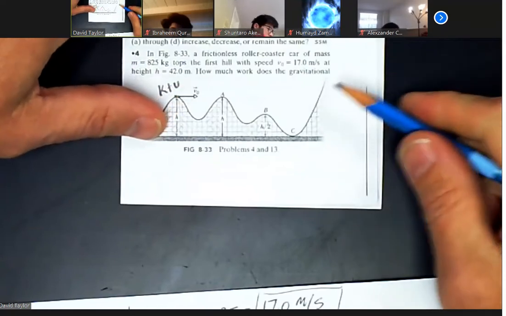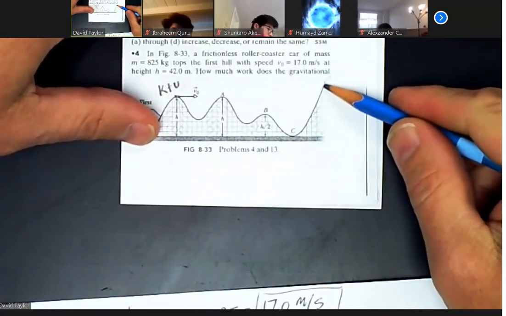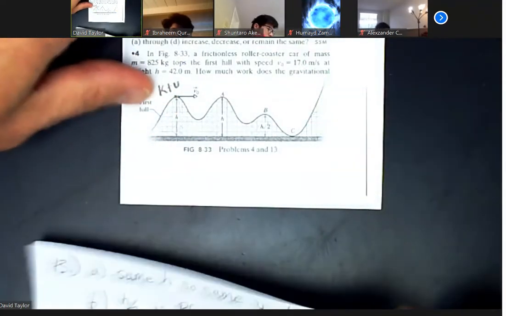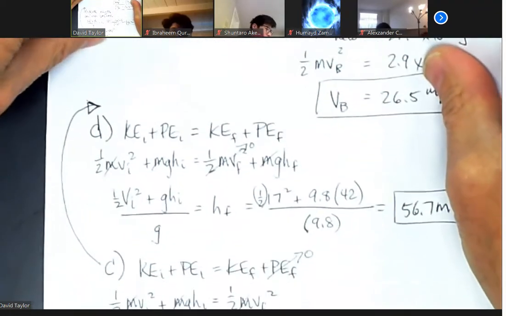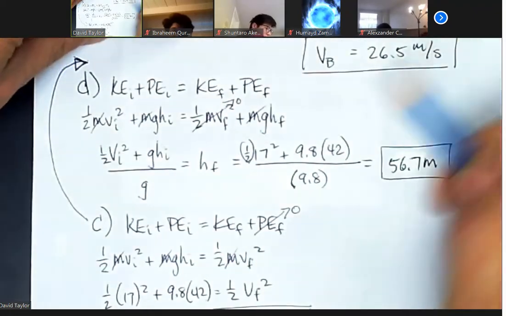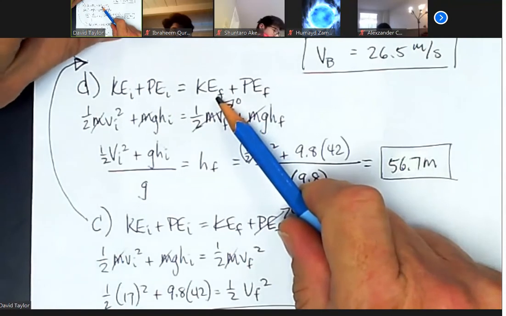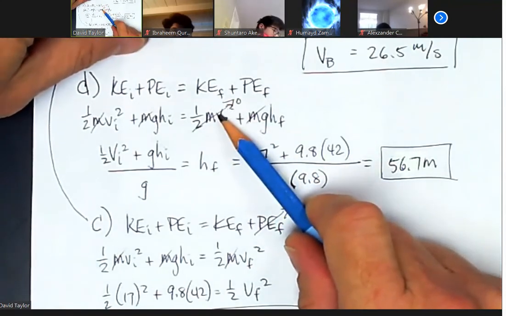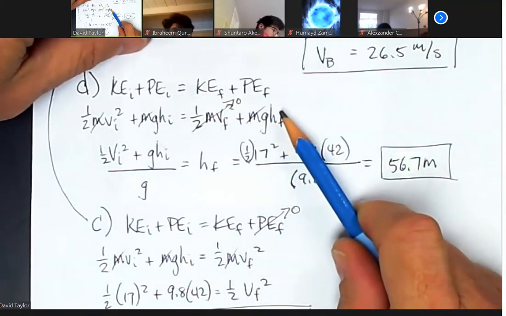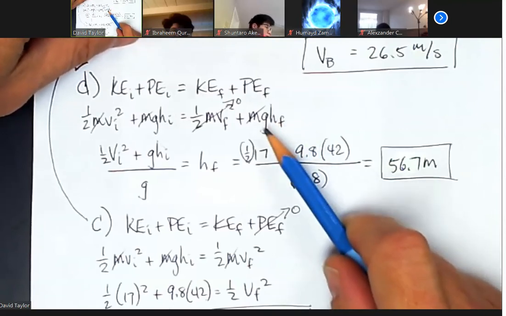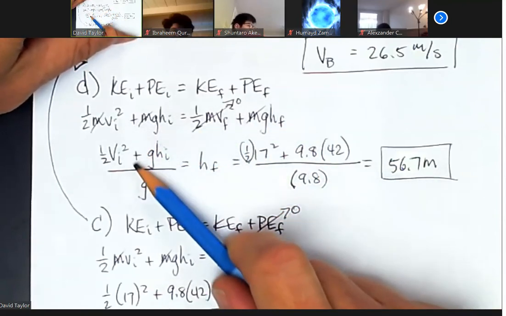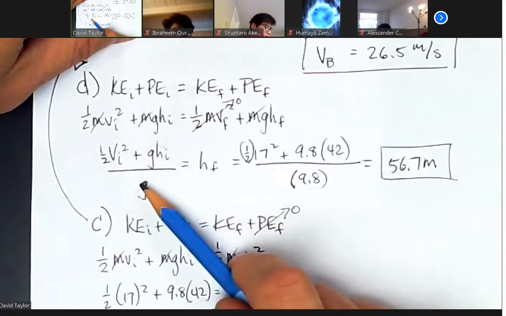And then part D asks, how high will it go up this slope here? And of course, that's where it runs out of speed. So at the very highest point, the velocity is 0. And how high is it? This is what I'm going to solve for right here, this h. So solving for h, there's the algebraic solution.